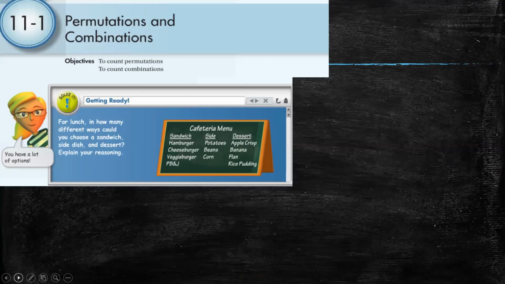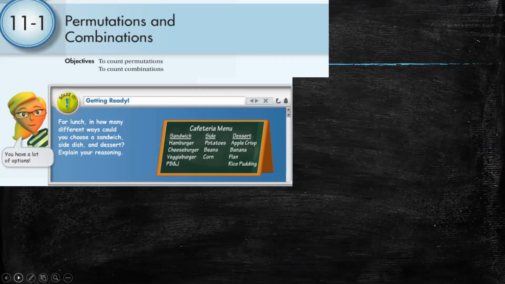Now, you go to a cafeteria or a restaurant for lunch, and you have a menu. In how many different ways could you choose a sandwich, side dish, and dessert? For the sandwich, you have many choices: hamburger, cheeseburger, veggie burger, and peanut butter and jam.